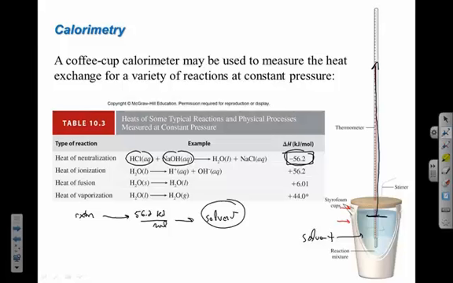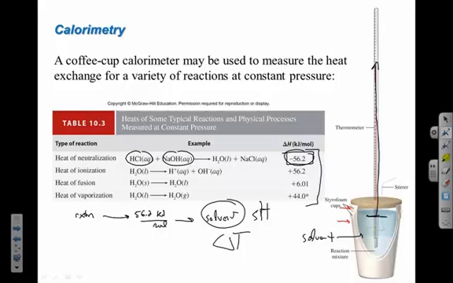The solvent is inside the coffee cup. The coffee cup should insulate that, so all the energy goes into the solvent, the temperature of the solvent goes up. I can measure the change in temperature along with the specific heat of the solvent, just like the problem we just did, and then I know how much energy the reaction released. Right, so these are measured values experimentally, done using an experiment very similar to this.